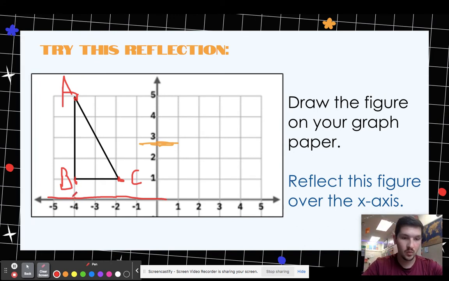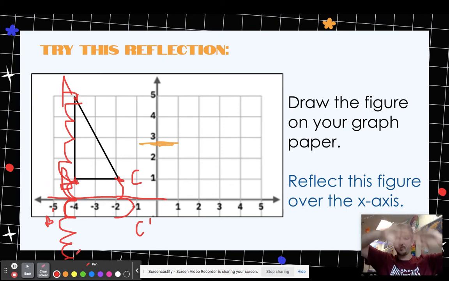So if B is 1 unit away up, it's going to be 1 unit away down. So this would become B prime. If C is 1 unit away up, it's going to be 1 unit away down. So this is C prime. Same thing with A. If A is 1, 2, 3, 4, 5 units up, it has to go down 1, 2, 3, 4, 5 units down. I can't get there, but that's where it's going to end up.